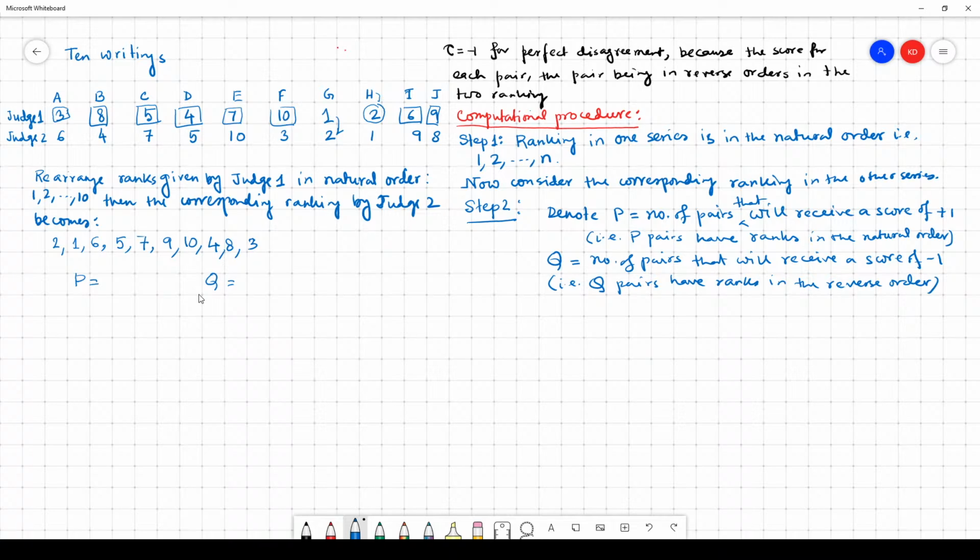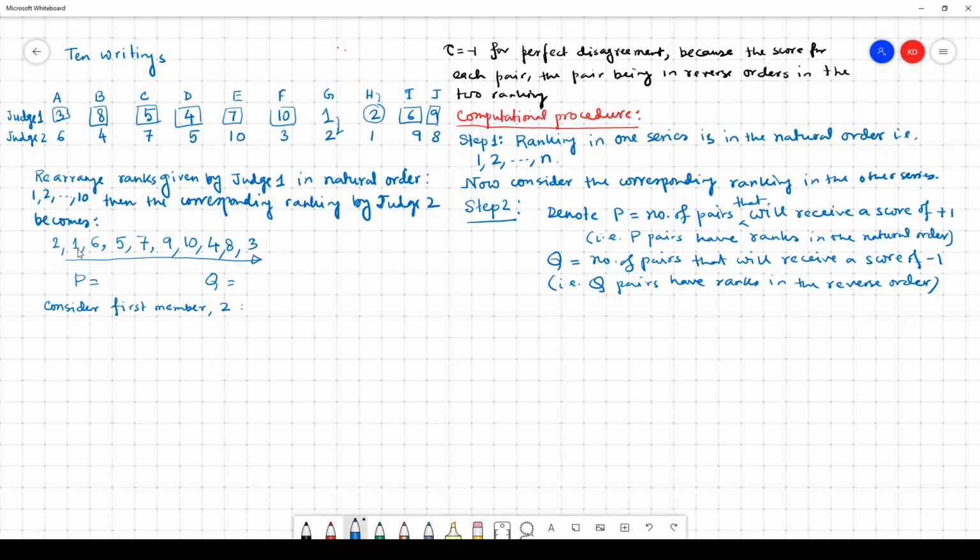So first you consider the first member, which is 2, and you look at the arrow.